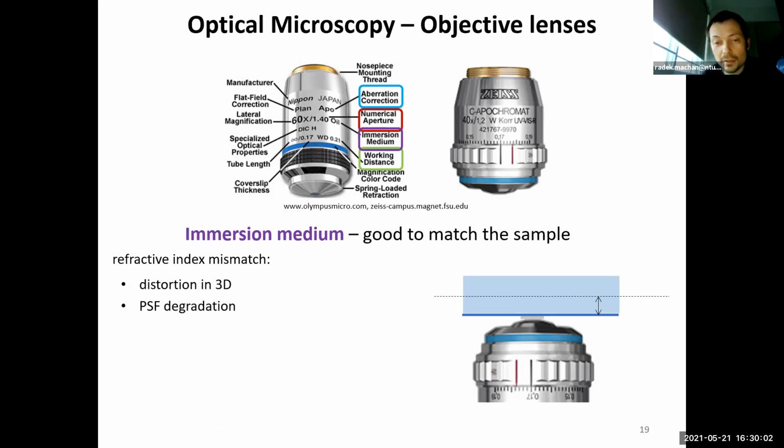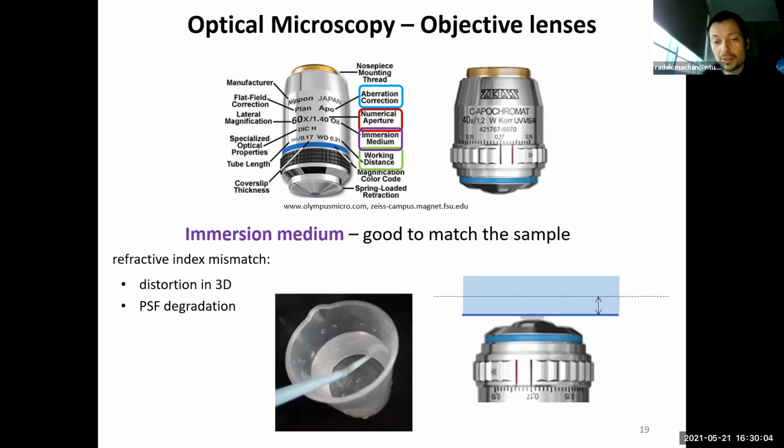I won't go into any extensive explanation. I just show this picture which illustrates it quite well. If I have two media of different refractive index, you can see that obviously there is a distortion in 3D. The distances here are affected by the mismatch of the refractive indices, and the chopstick looks bent, which of course it's not in reality.